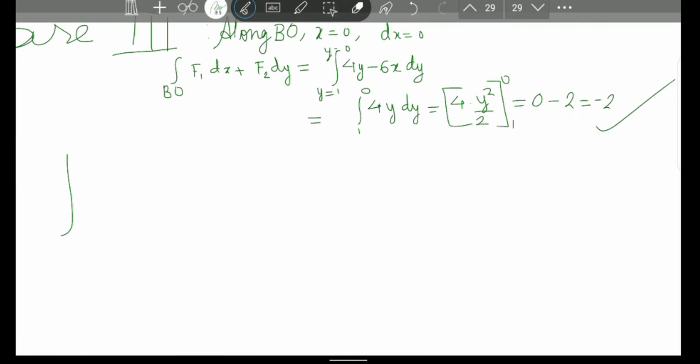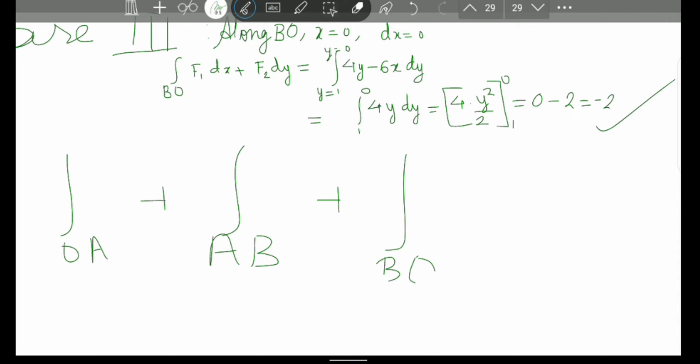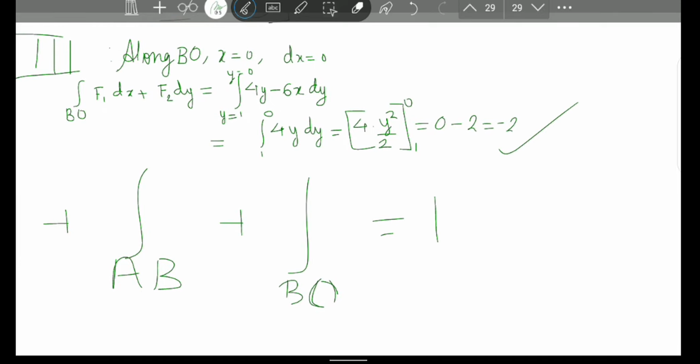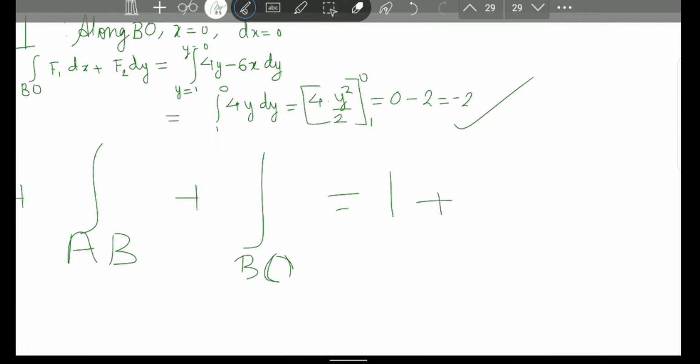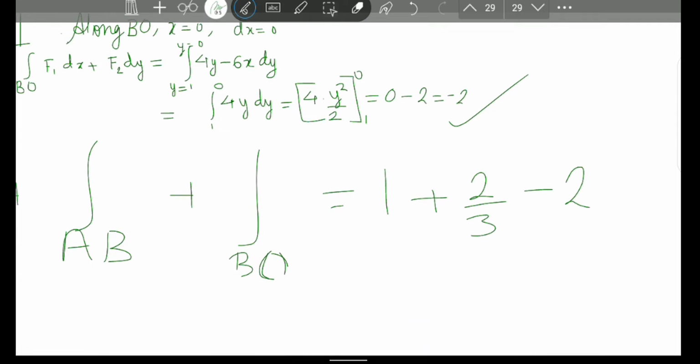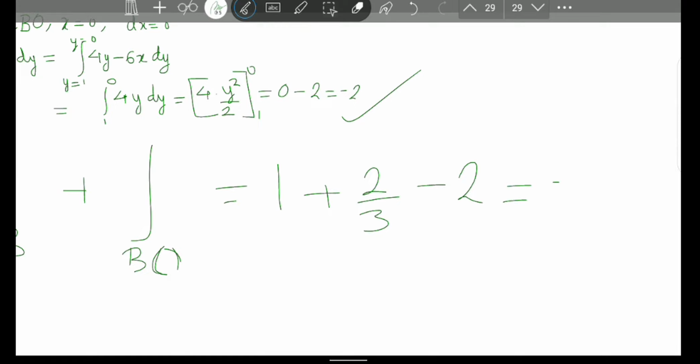So the integral along OA plus the integral along AB plus the integral along BO equal to 1, then 2 by 3, and then minus 2. If we simplify it, we get minus 1 by 3.